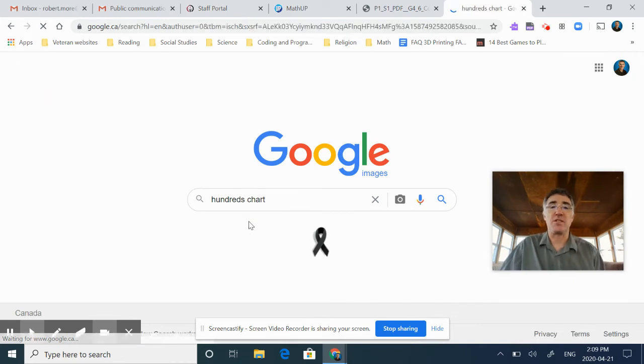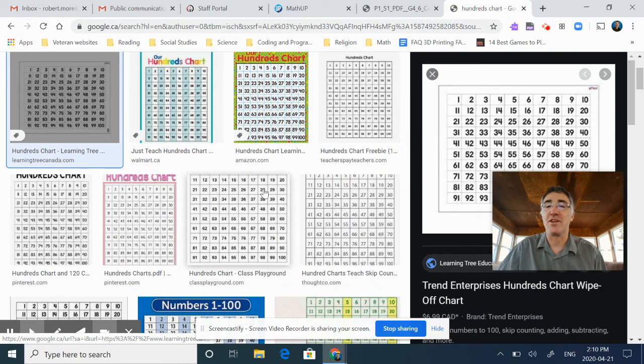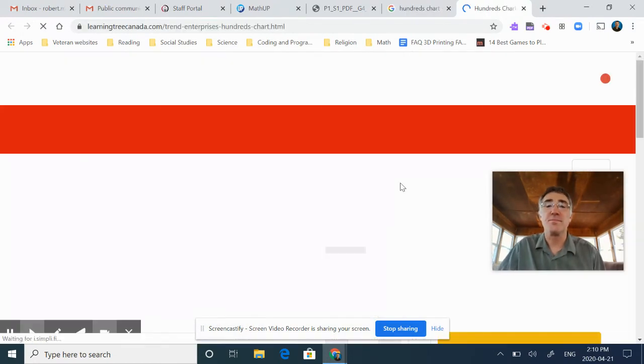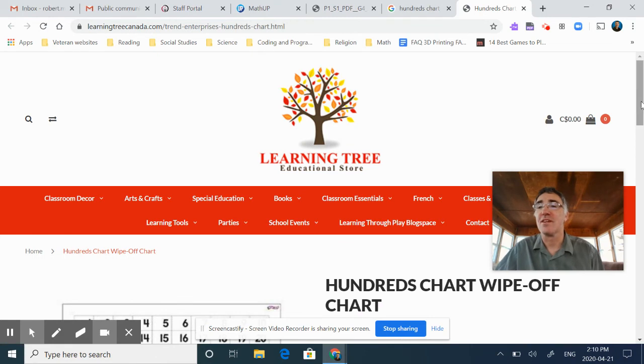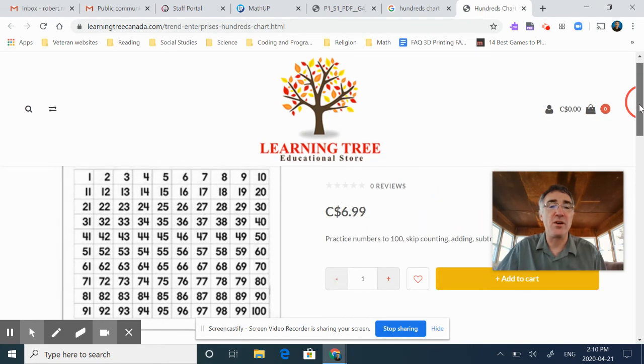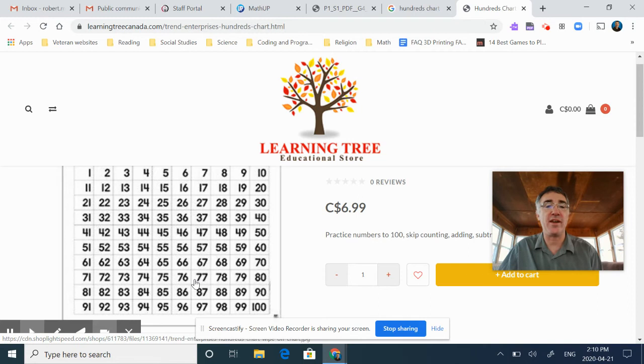I'll click on any one that I have, scan down, and there we go. So now I've got my 100 chart. I'm just going to work off of here.